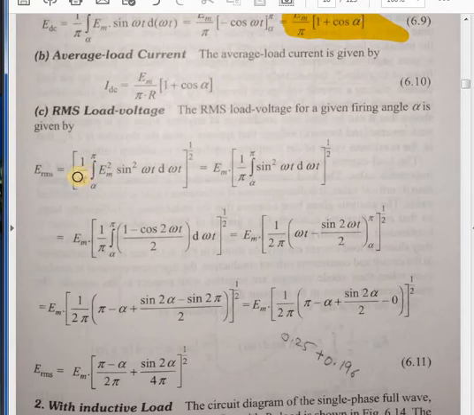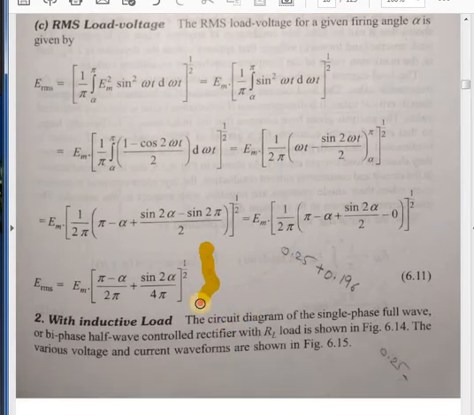So you will consider 1 by pi, integral from alpha to pi of EM square sin square omega t d omega t. When you further solve it, you will get the value of the RMS voltage as this. ERMS is equal to, this is the main formula. Okay.